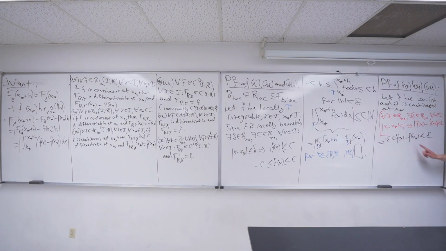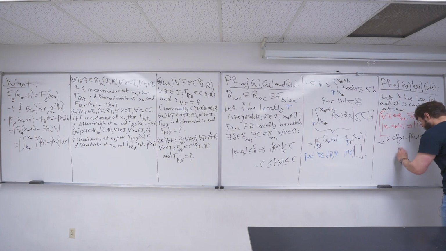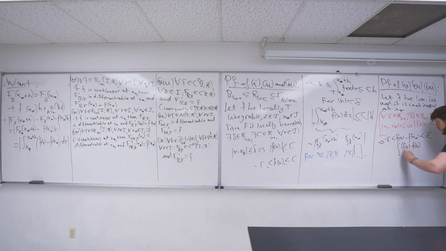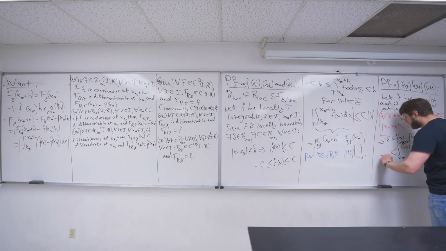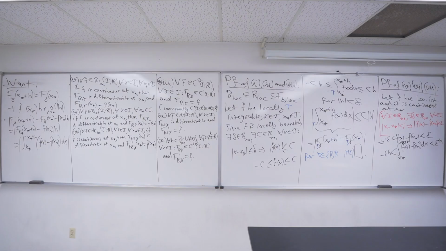Okay, integrate this. The integral of this dx from x star to x star plus h is upper bounded by epsilon times h, and lower bounded by minus epsilon times h.